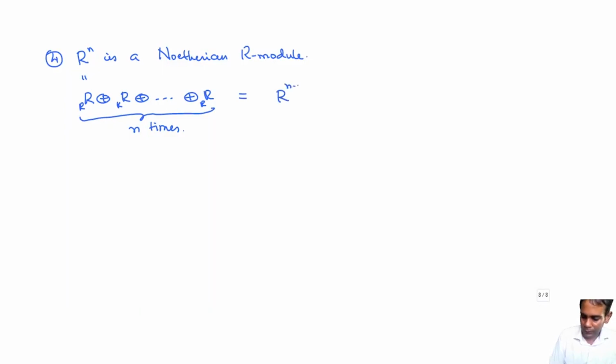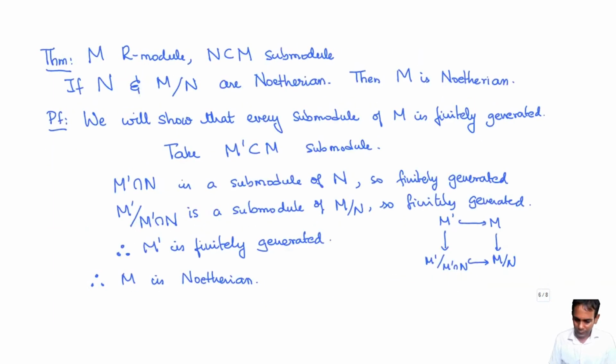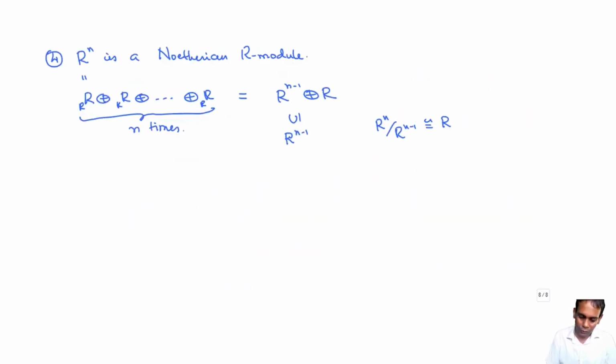This is R^(n-1) direct sum R. This contains R^(n-1) as a submodule, and R^n mod R^(n-1) is isomorphic to R. So by the theorem that we proved, that if you have an R module which has a submodule that's Noetherian and the quotient with respect to that submodule is Noetherian, then the R module is Noetherian, it follows that R^n is a Noetherian R module.